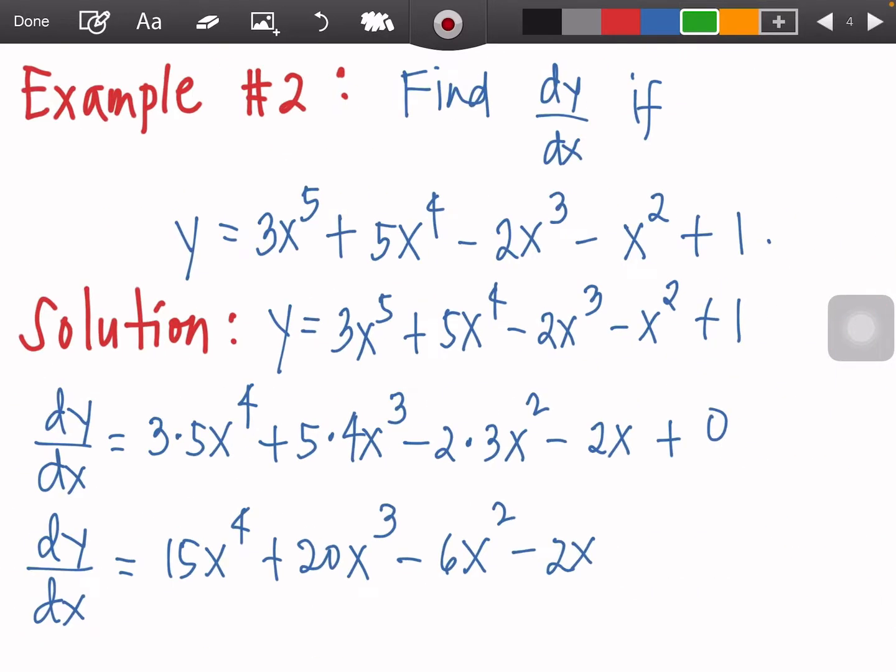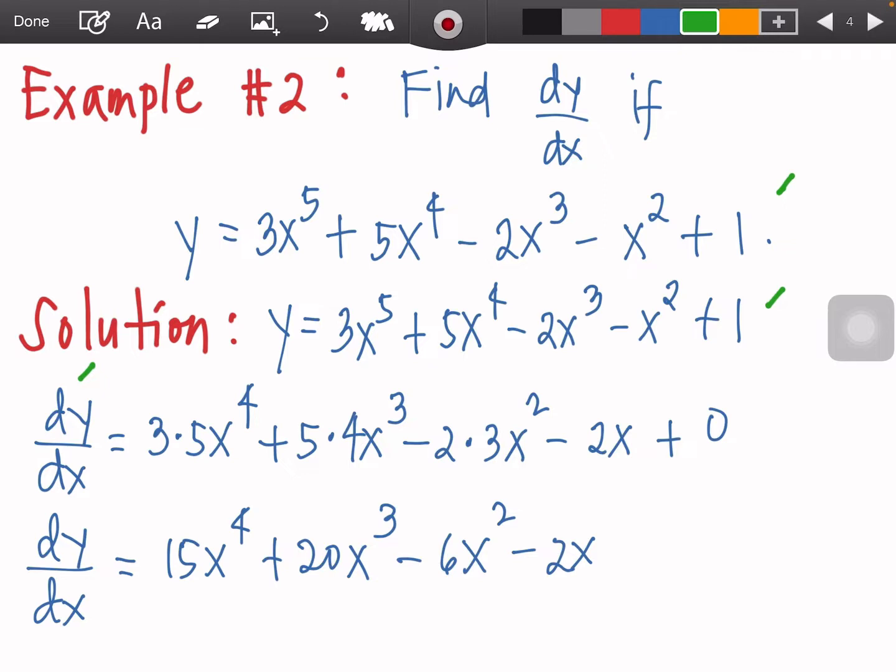Example number 2. Find dy dx if y is equal to 3x to the fifth plus 5x to the fourth minus 2x cubed minus x squared plus 1. Given the function, the derivative with a notation of dy dx, so instead of f prime of x, we can use the notation dy dx.